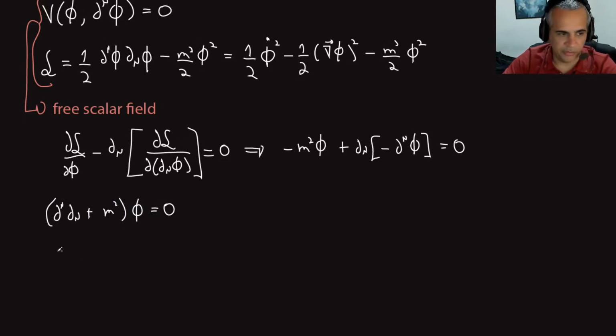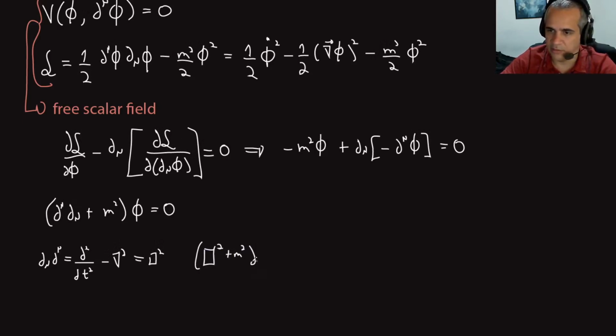Remember that del mu del mu I can write again as del t squared minus the space derivatives, which is the d'Alembertian operator, and that means this equation is just the Klein-Gordon equation.